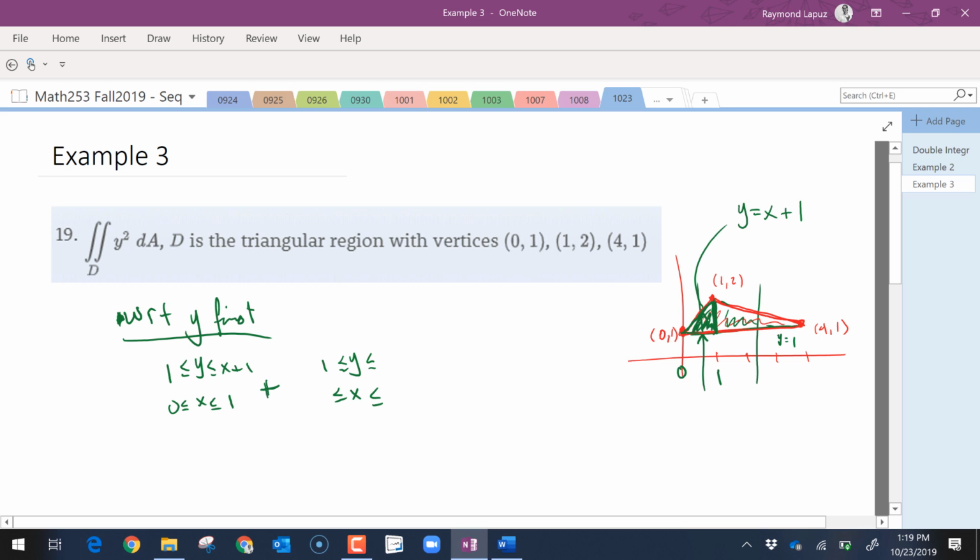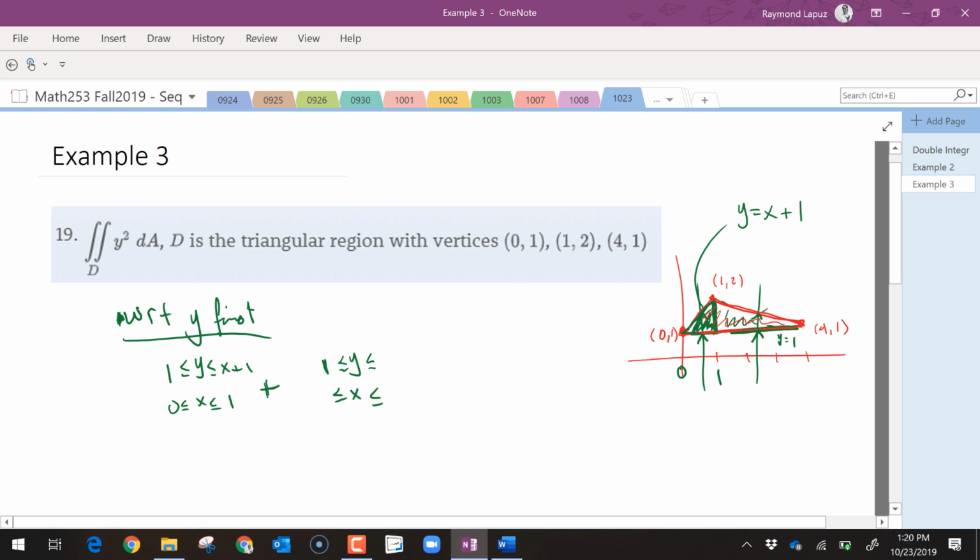Okay, so after I go past x equals 1, my cuts now are going to go from y equals 1, and then I need to get out of this other function. It's still a line, but I need to figure out what the slope is and the y-intercept.